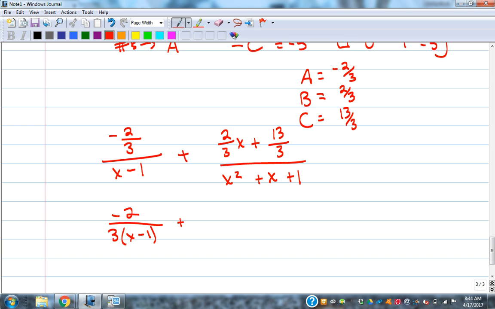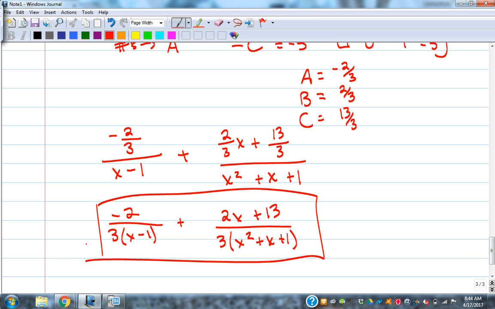Since they're already common, it'd be 2x plus 13 over 3 parentheses x squared plus x plus 1. And then that would be the official final answer on that. So if there's a fraction in the numerator, just drop the denominator down and put it outside the parentheses and it works out for you.